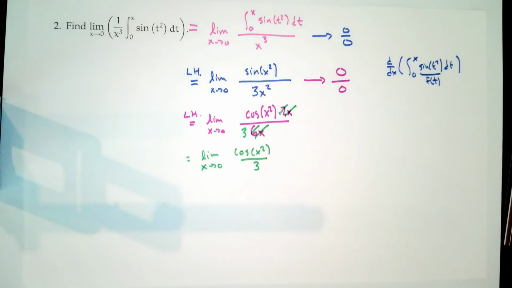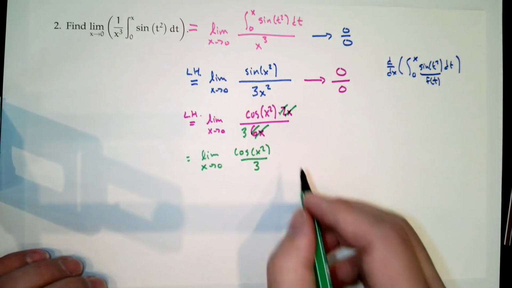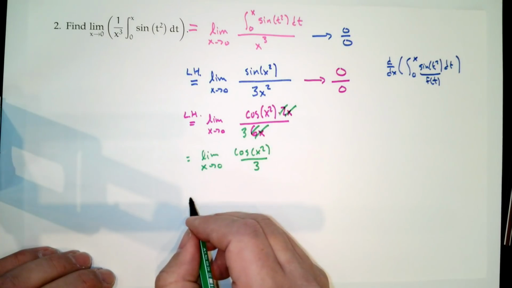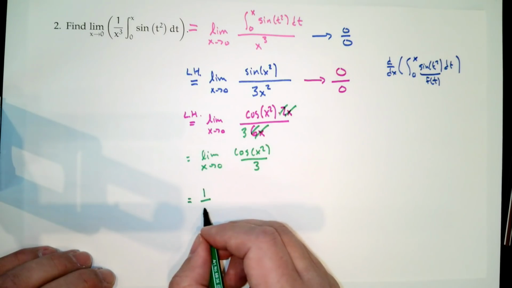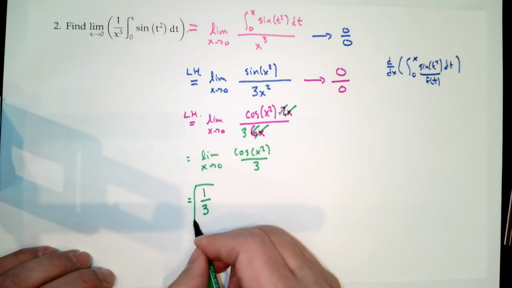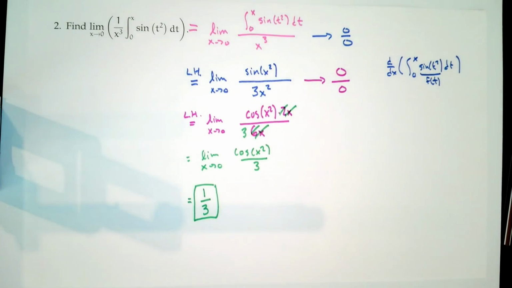Well, now we know game over. Whatever happens, happens now. Because the denominator isn't going to 0. It isn't going to infinity. It's going to something nice. What does this go to? Well, upstairs, cosine of 0 squared, 1. Downstairs, 3 becomes 3. 1/3. That's our limit.